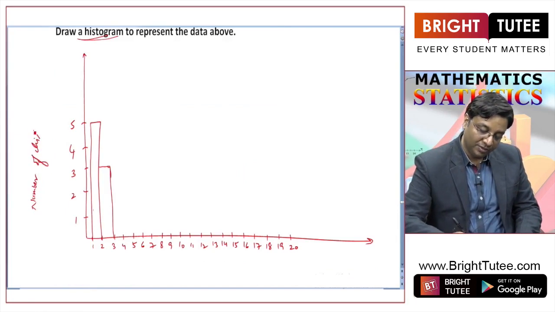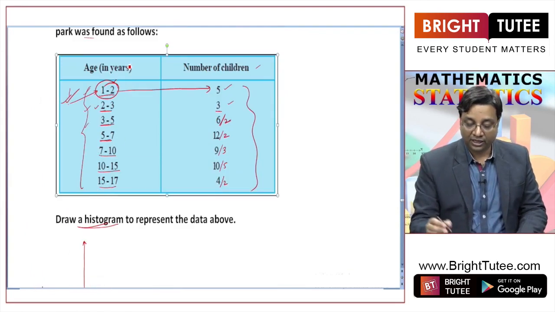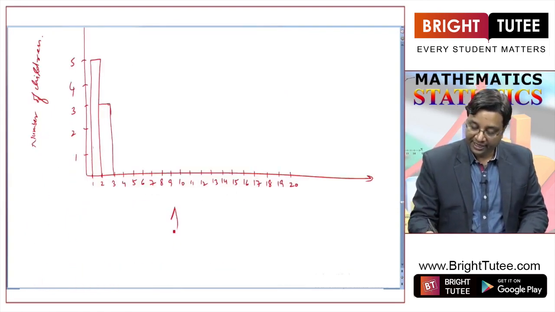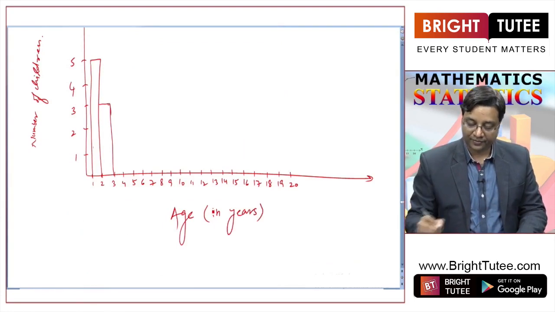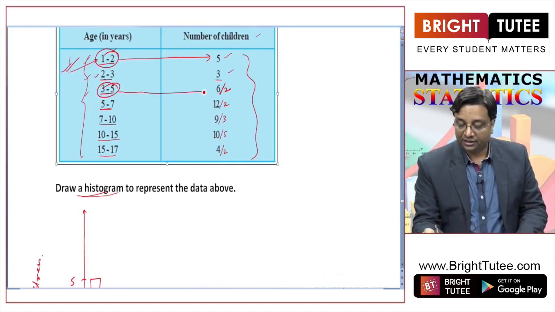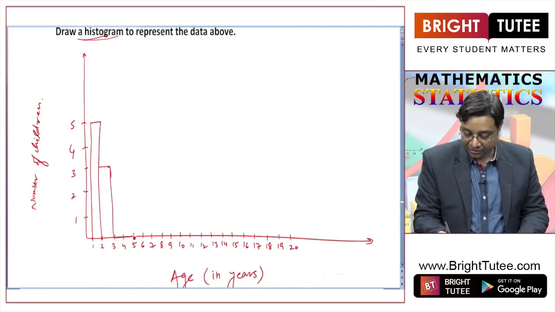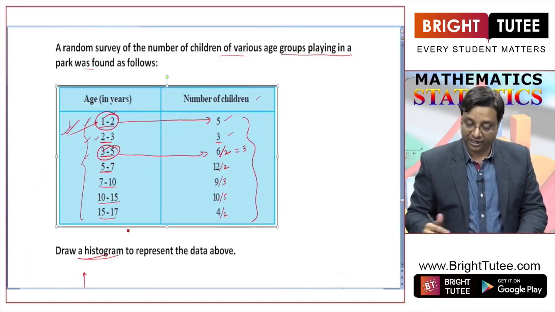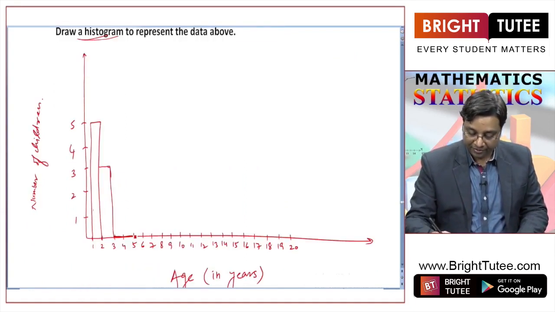So you need to mention that on the vertical axis you are showing number of children, and on the horizontal axis you are showing age in years, right? So now between 3 to 5 it is 6 by 2, that is 3. So 3 to 5 is this much. Now the width is getting doubled. You understand why I have made it half? So it will be 3 between 3 to 5, right?